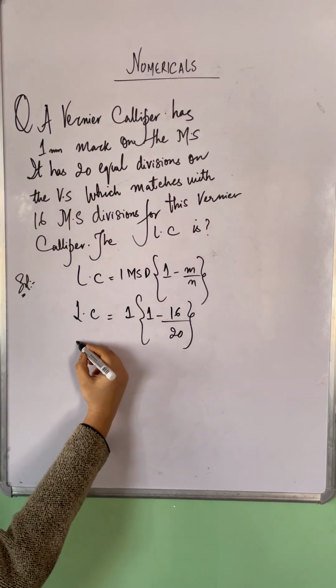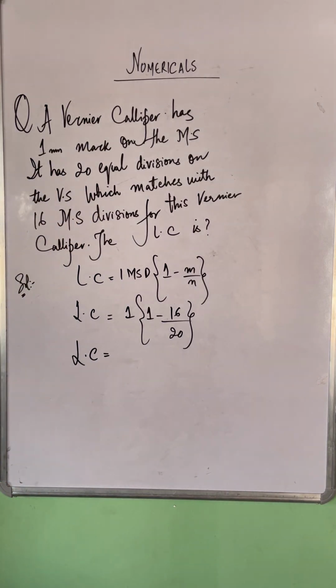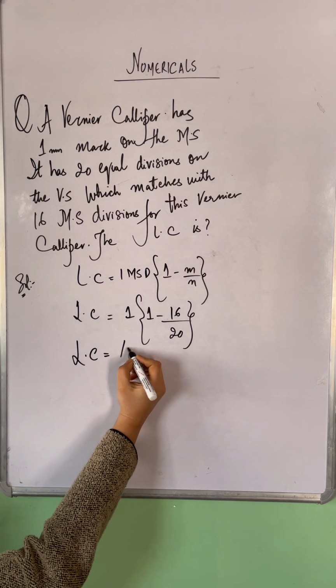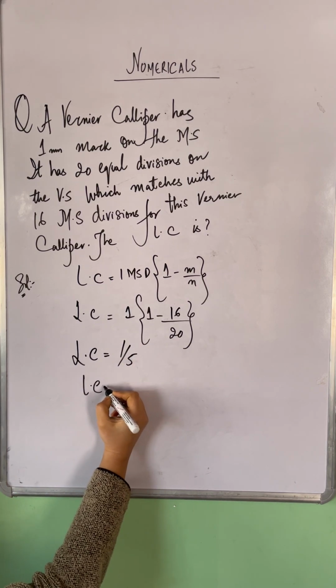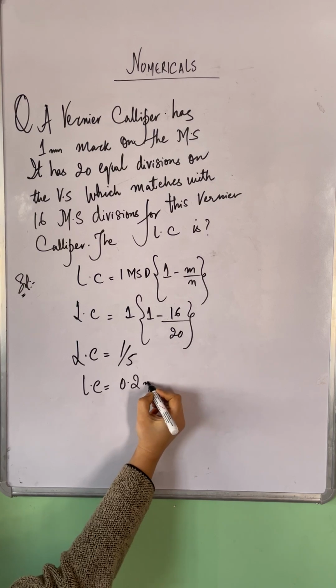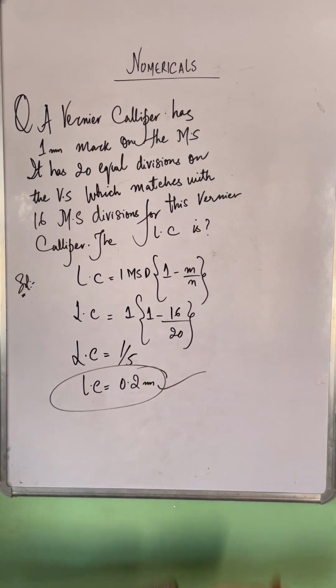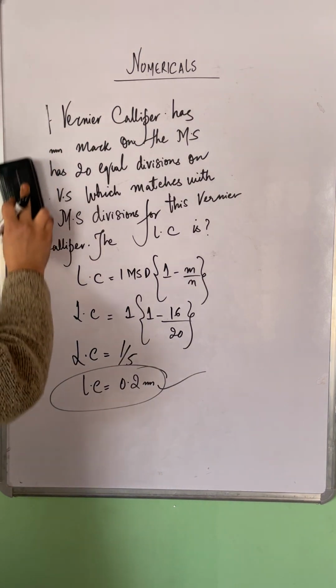So my least count by calculation is equal to how much? That means my least count is 0.2 mm. Right? My least count is 0.2 mm. Okay, let's do another question.